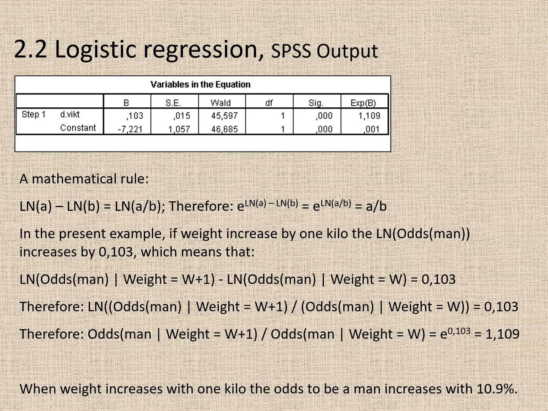Therefore, if we unlog this value, it's the same as the ratio between their odds of being a man. So if a person weighs 1 kilo more than another one, according to this, the odds that he or she will be a man is 10.9% higher.